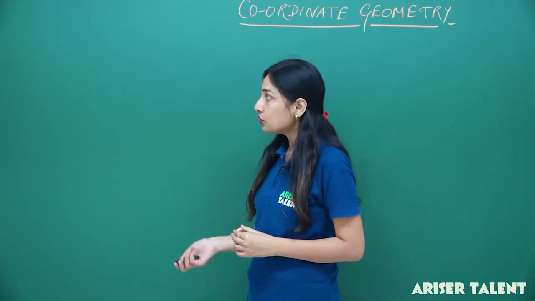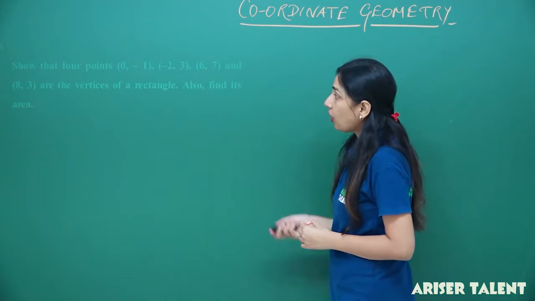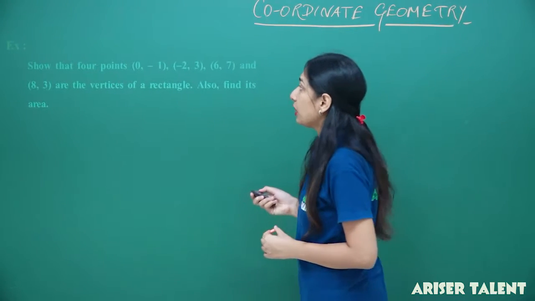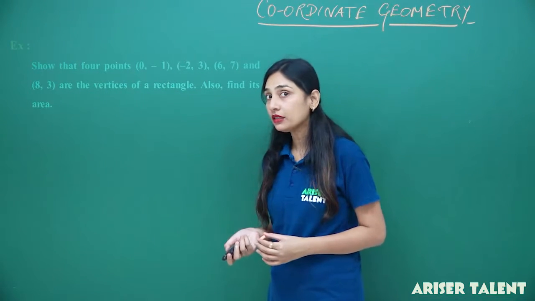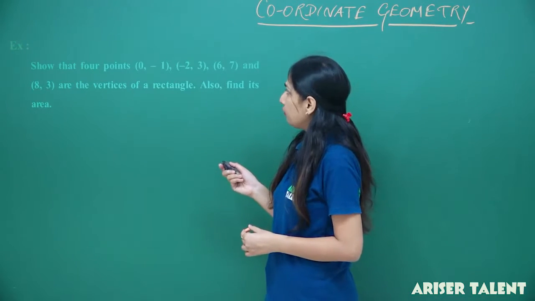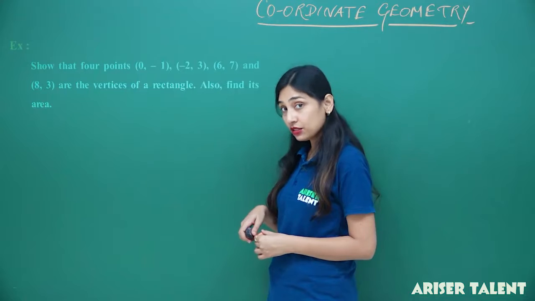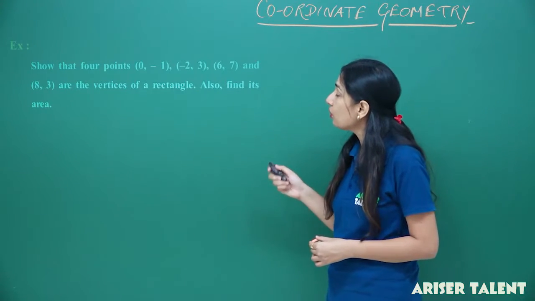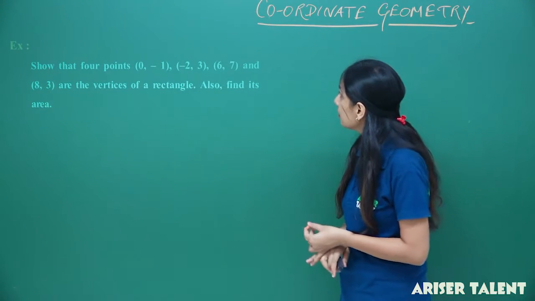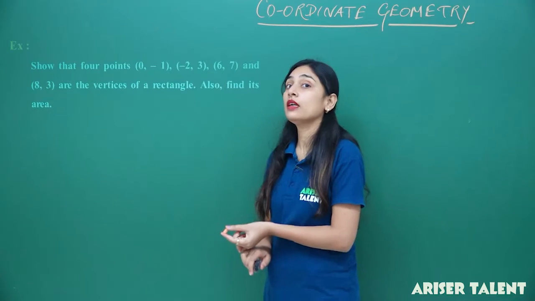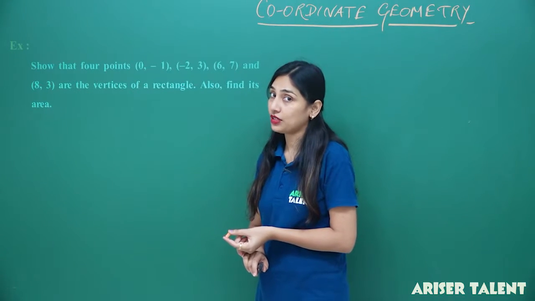distance formula. So, we were on that particular question: show that 4 points, which points? First is (0, -1), second is (-2, 3), third is (6, 7) and the last one is (8, 3).